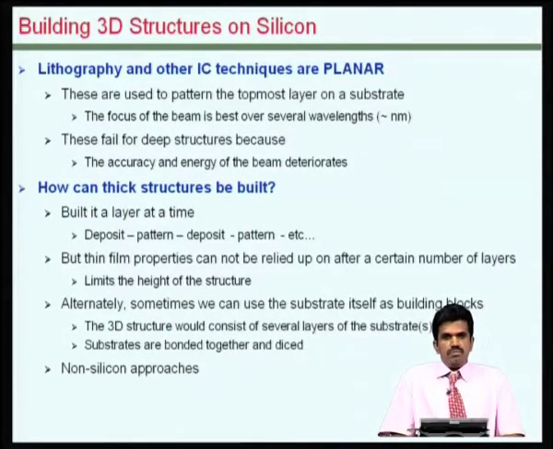We still build one layer at a time and pattern one layer at a time, but we can arrange their sequence in such a way that we can remove material below one layer. For example, we can have a dummy layer and create a structural layer above this dummy layer, and later selectively remove this dummy layer to create moving space.